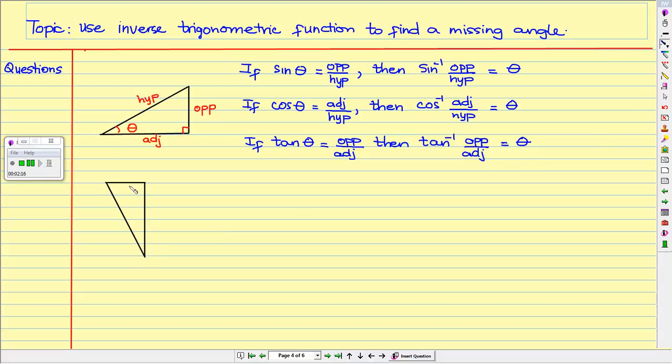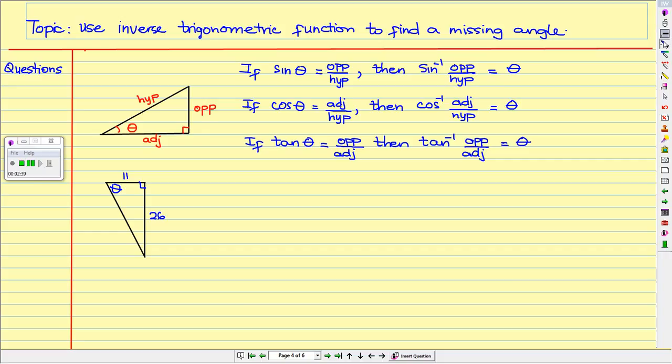Theta is an acute angle. The side that's next to the angle theta is 11. The side that's opposite the angle theta is 26.